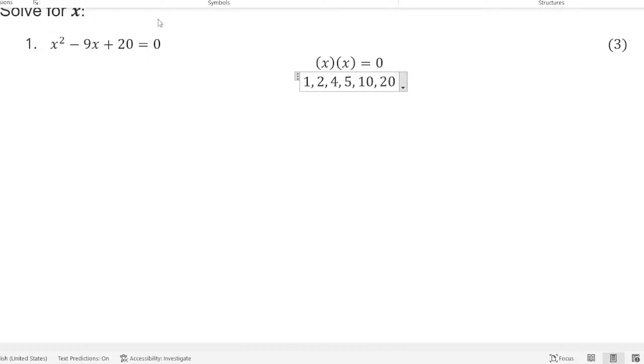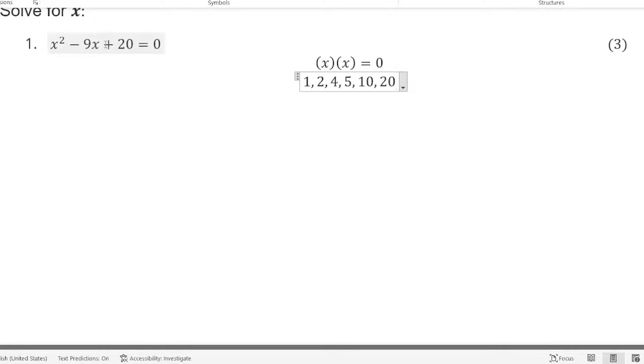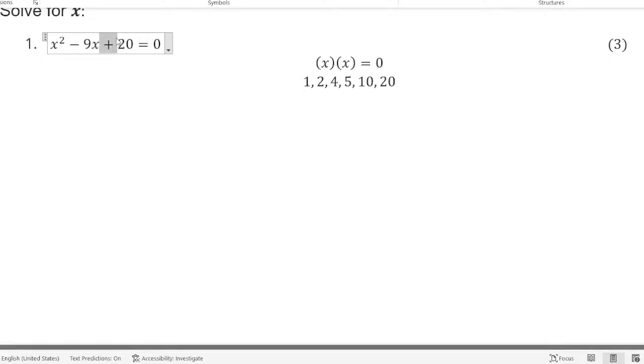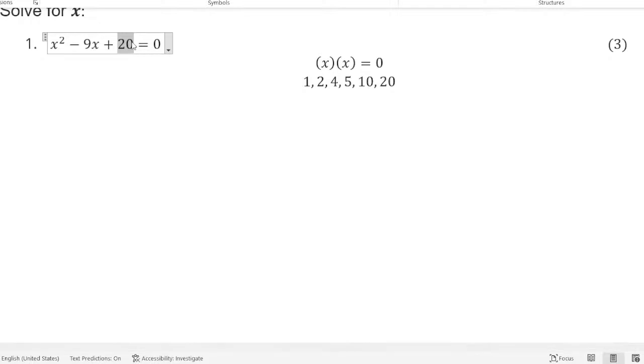So remember, here we have a positive sign. If the last term is positive, we have to add the factors of the last term, in this case 20, which will give us the middle term.